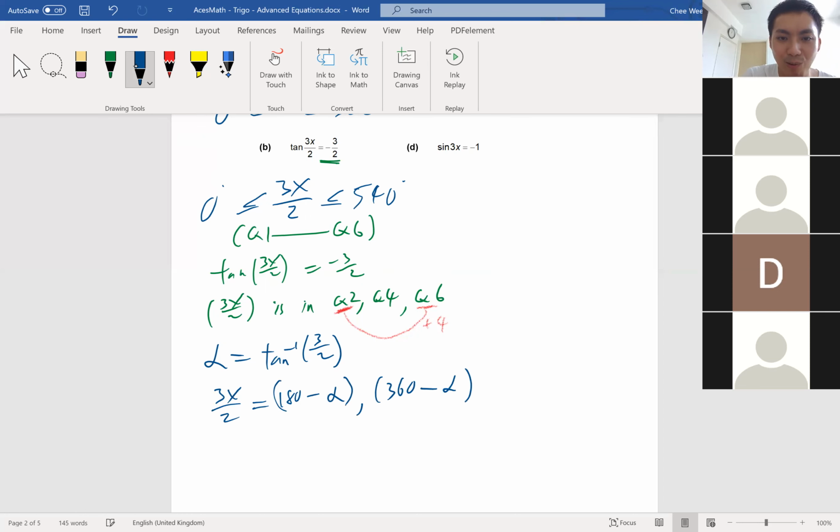Okay, this is the Q2 and Q4. And then after that is 360 plus bracket 180 minus alpha. That's the Q6. Understand now?